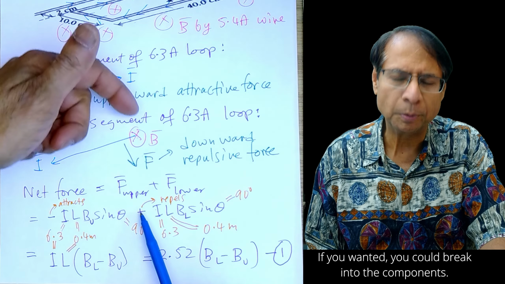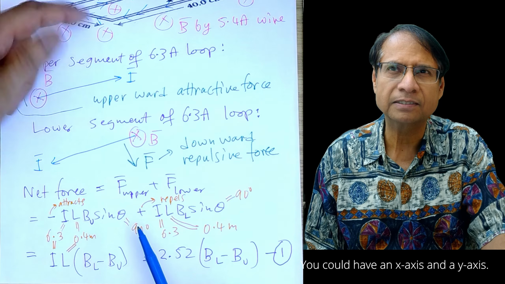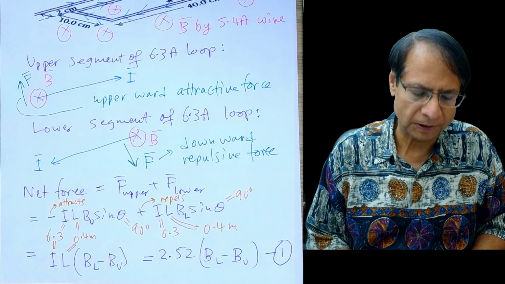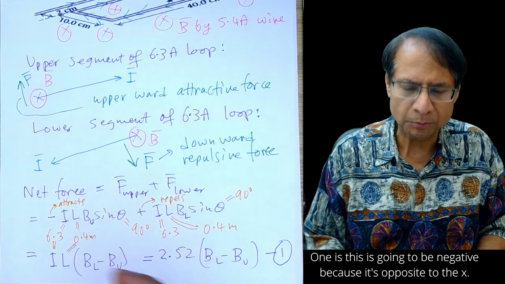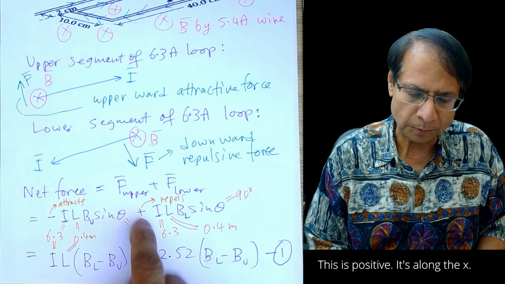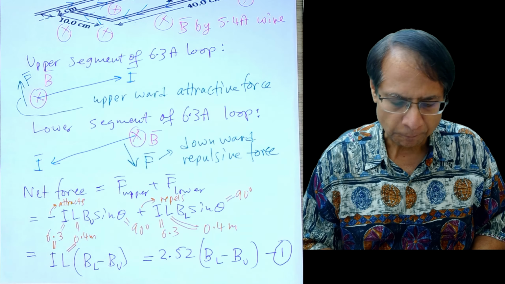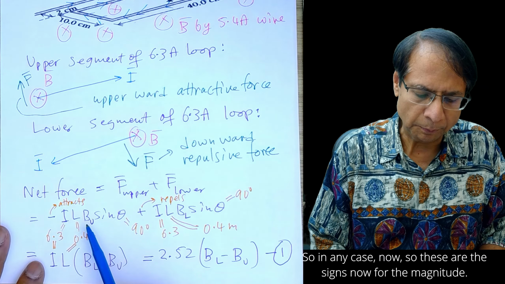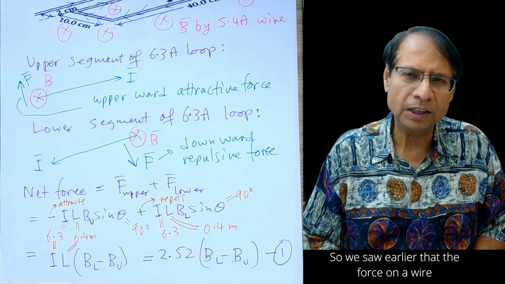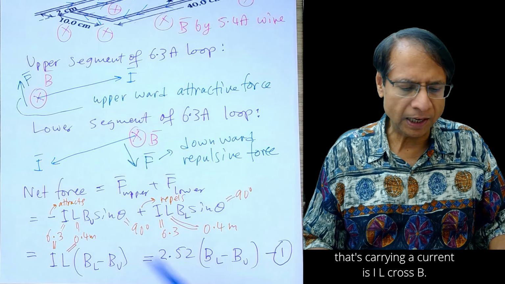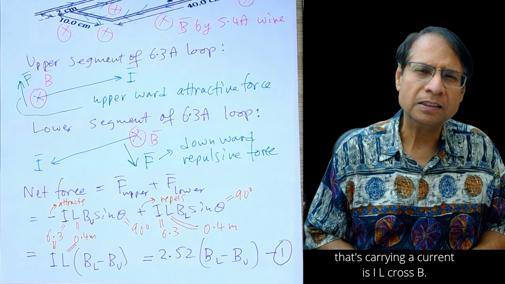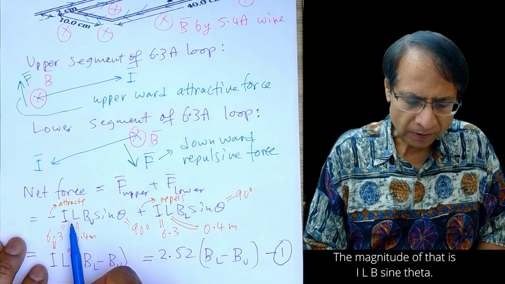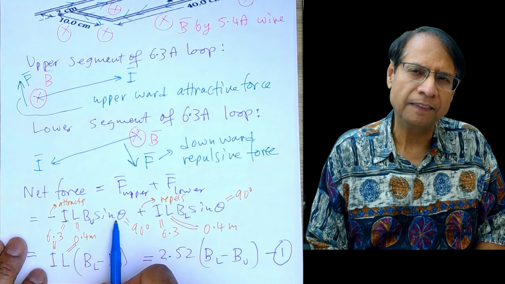If you wanted, you could break into components. You could have an x-axis and a y-axis, and you'll come to the same conclusion. This one is going to be negative because it's opposite to the x. This one is positive. It's along the x. So these are the signs. Now for the magnitude. We saw earlier that the force on a wire carrying a current is IL cross B. The magnitude of that is ILB sine theta.